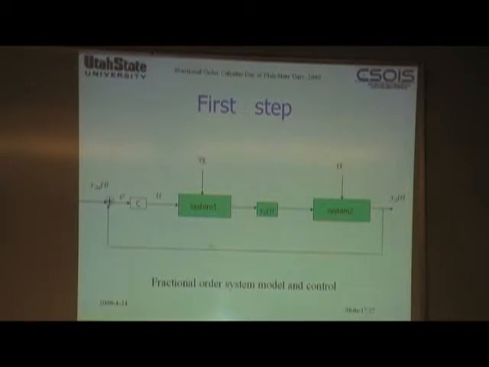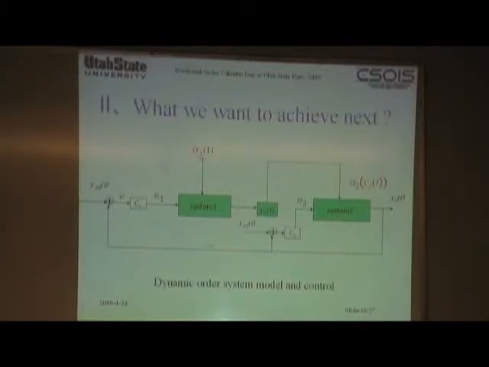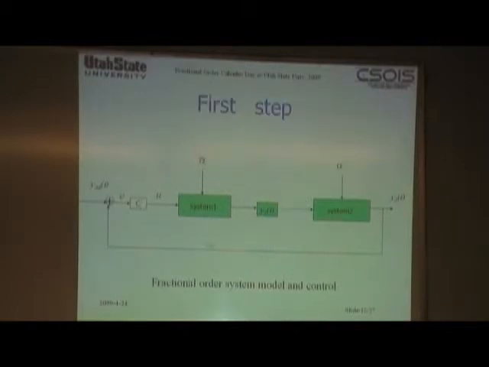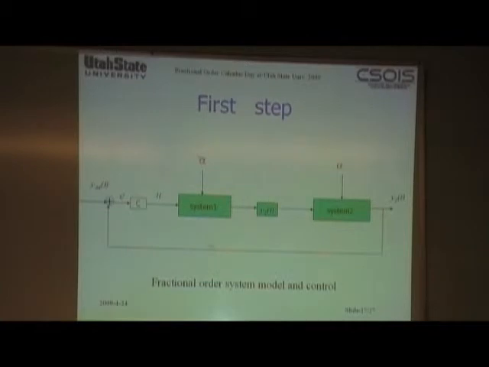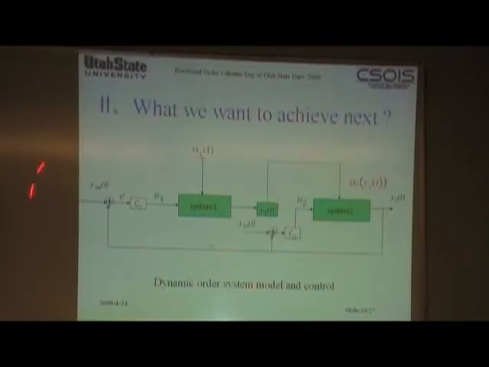And the second step, different from this, is that alpha 1 is a constant, which is similar to the final system we want to do. After the two steps, I think I can make this system stable.